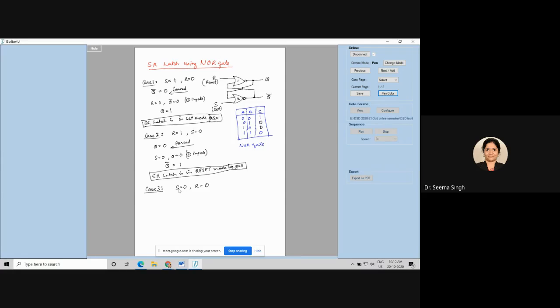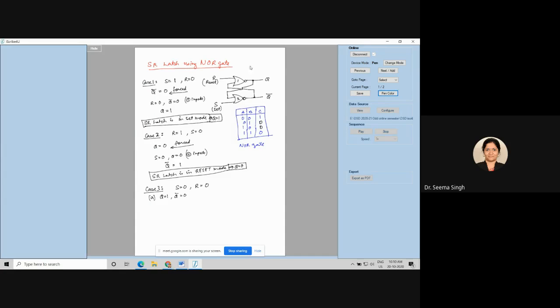So when S equal to 0 and R equal to 0, there is no forcing happening to this NOR gate. Forcing happens only when one of the inputs is 1. So in this case, we will have two cases again. First case we will see initially when Q is equal to 1 and Q bar is equal to 0.